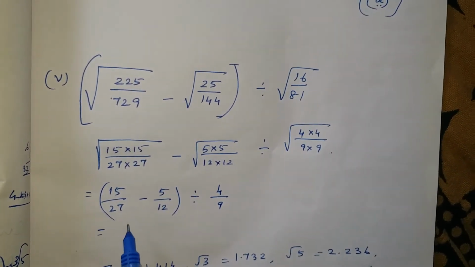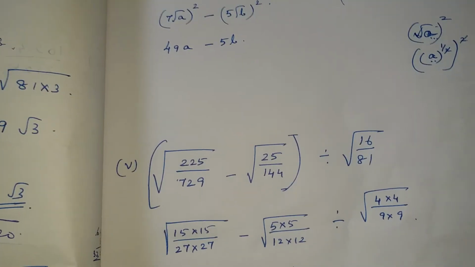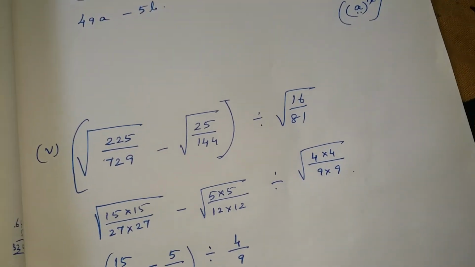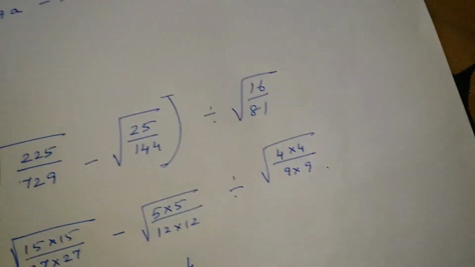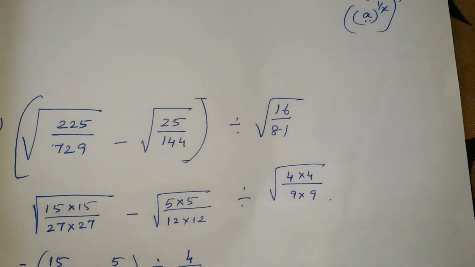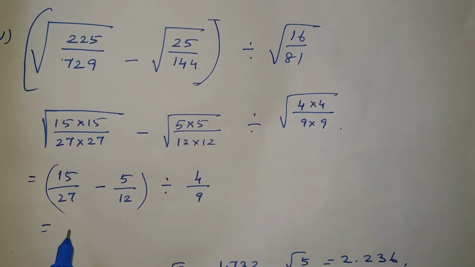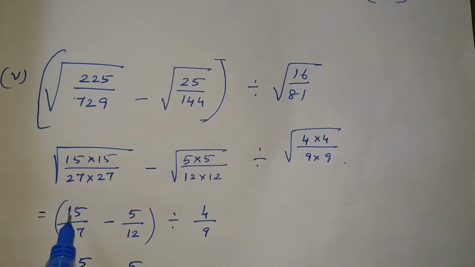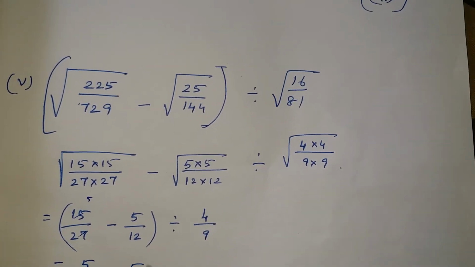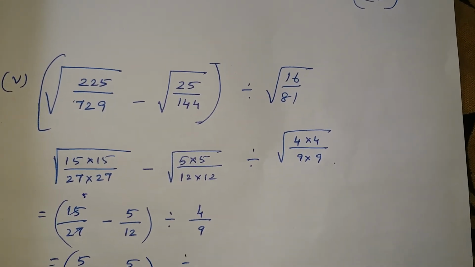Okay, you can simplify this. In the table of 3, 15 by 27 simplifies to 5 by 9, minus 5 by 12, divided by 4 by 9.